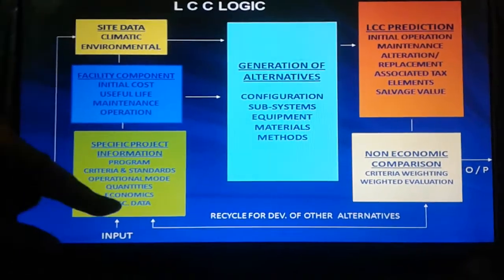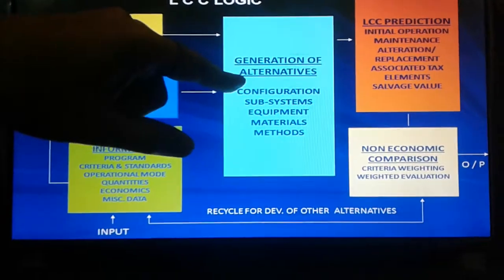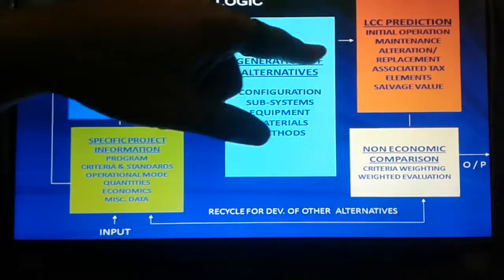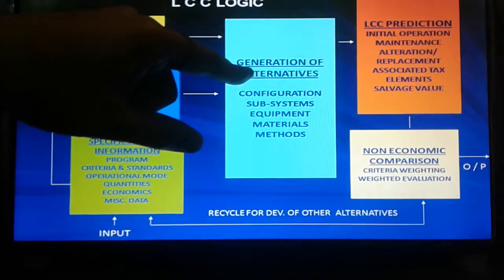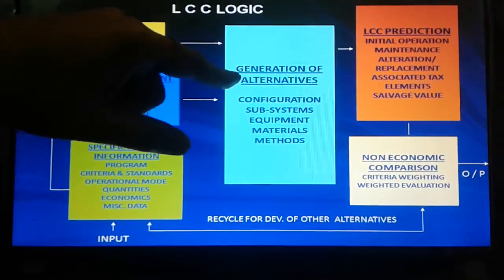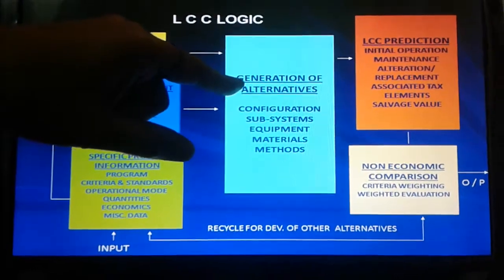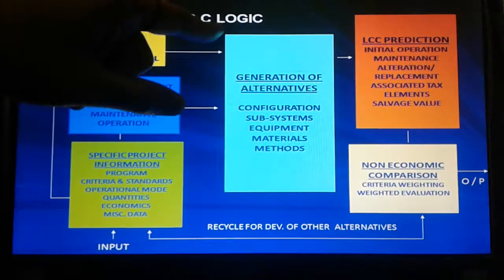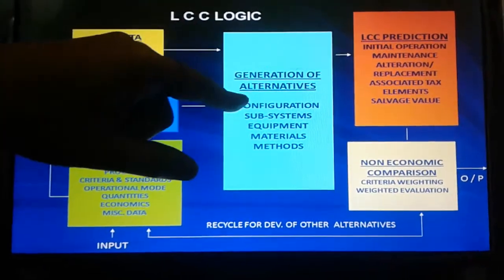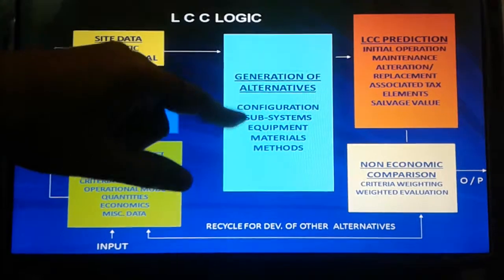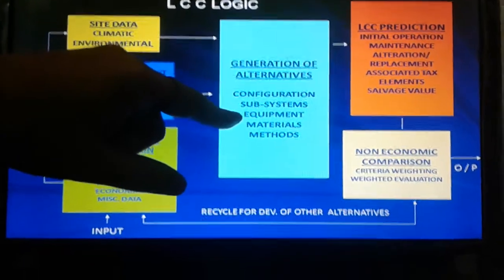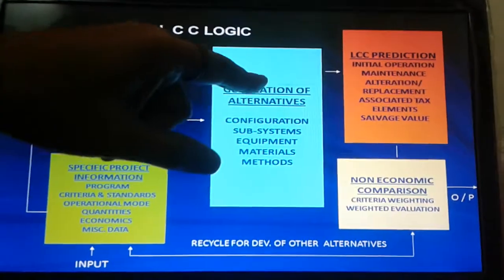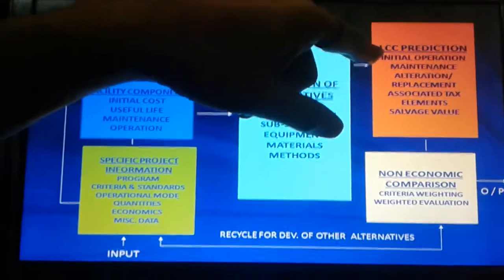Once we give these inputs, we come to the next component, which is generation of alternatives. In the generation of alternatives, we try to find out the maximum number of alternatives which can be generated for that particular facility. For that we have to have configuration, subsystems, equipment, materials, methods, and finally we predict the life cycle cost. What does it comprise of?